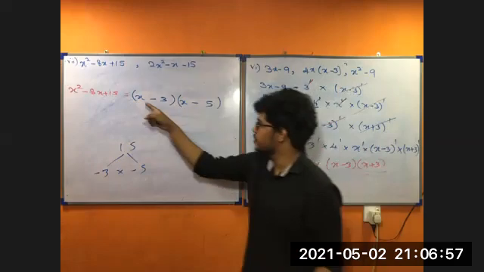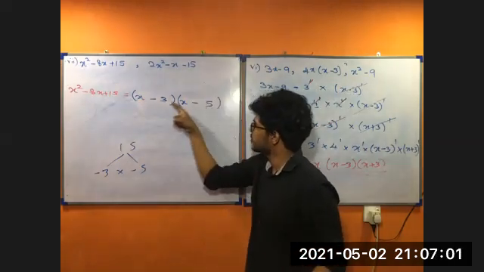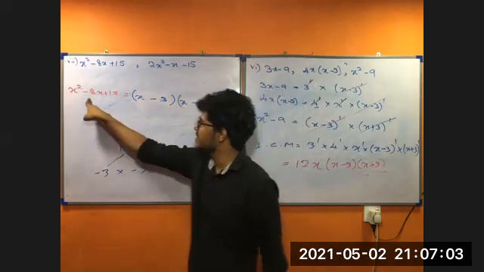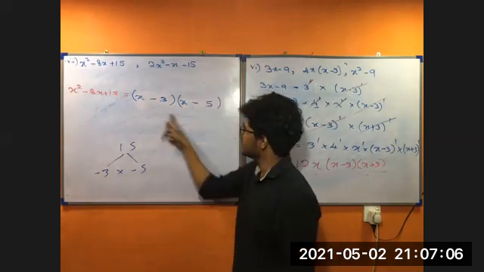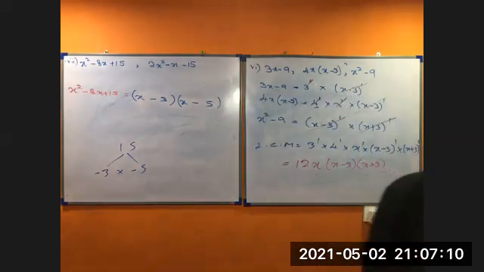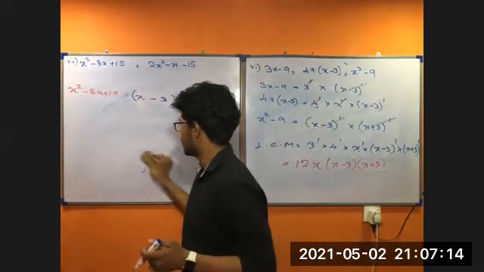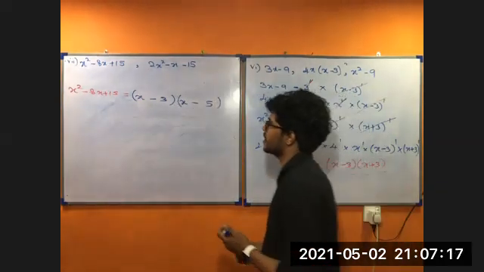Then just check: x squared, x times -5 is -5x, -3x gives -8x, and -3 times -5 gives +15. Okay, my answer is correct, right? So you can write it directly if you can. Still, if it is confusing, you can use the method.